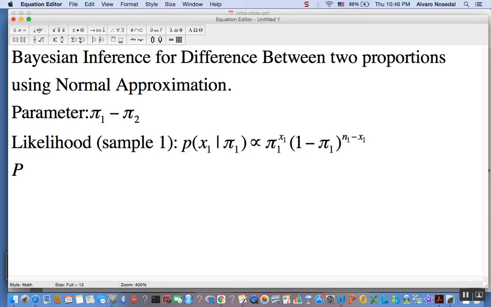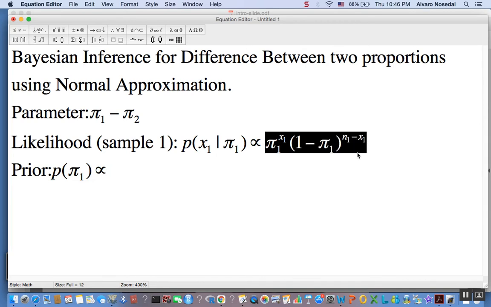Now let's talk about the prior. In that case we have this probability of pi 1, and we are going to be considering the conjugate prior, beta. So a beta with parameters alpha 1 and beta 1.